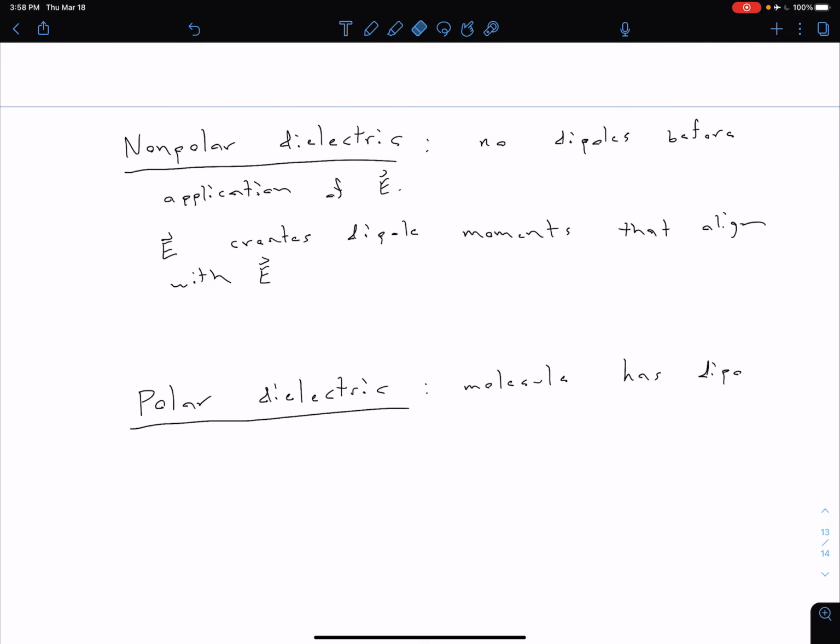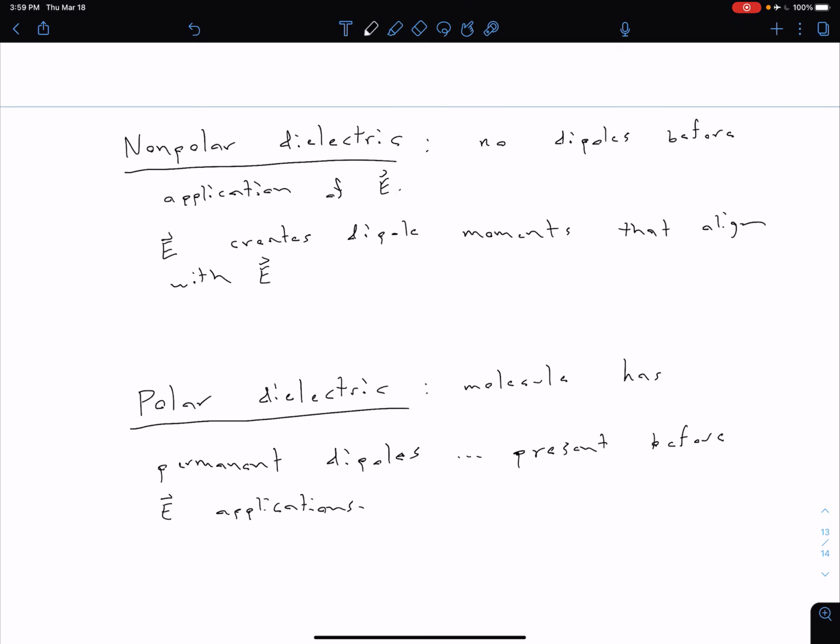Technically they're called permanent dipoles because they're going to be there before we even apply an electric field. So permanent dipoles, present before our E application.